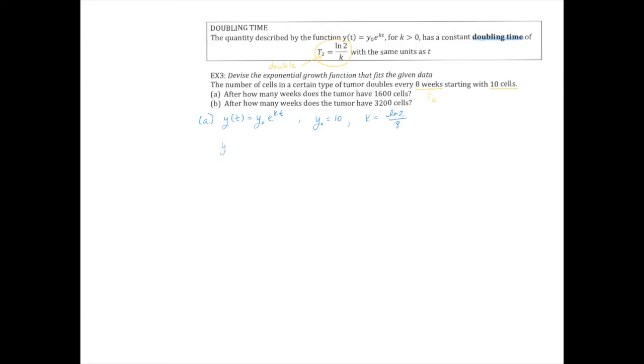So my equation is y of t is equal to 10 times e to the natural log of 2 over 8 times t. So that would be the exponential function that models this particular problem.